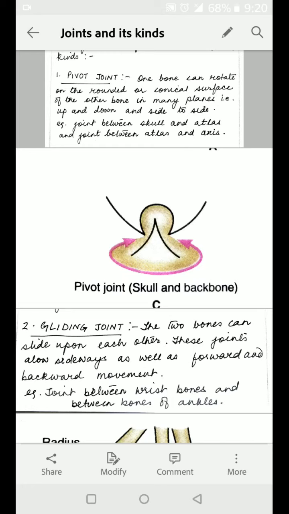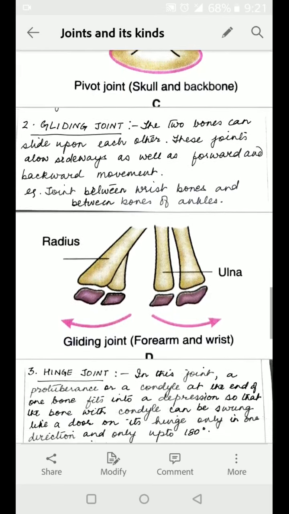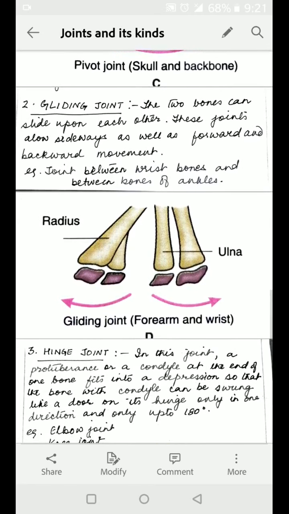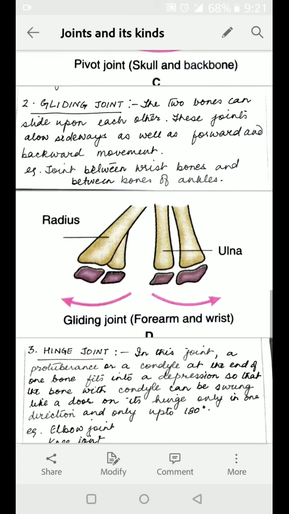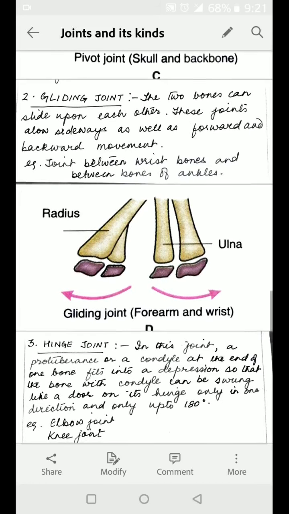The figure shows you a gliding joint between bones of the forearm and the wrist bones.